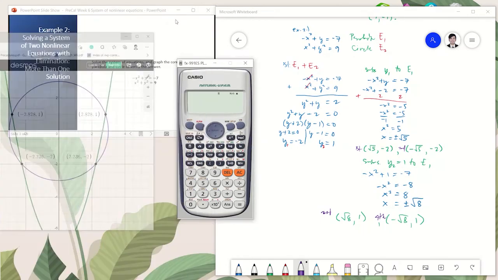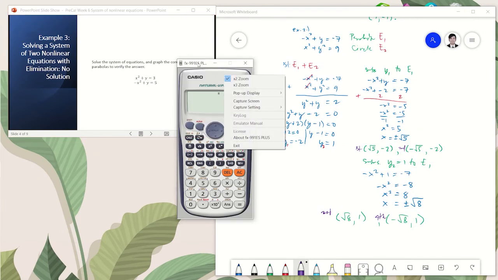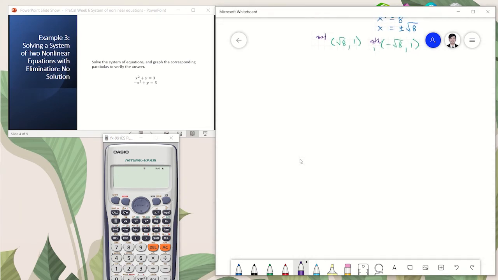Okay, so let's proceed to example 3 now. So here, we're asked to solve the nonlinear equations with elimination as our method. Okay, now let's answer this. Let me just copy it.